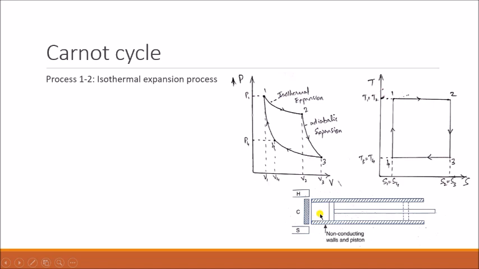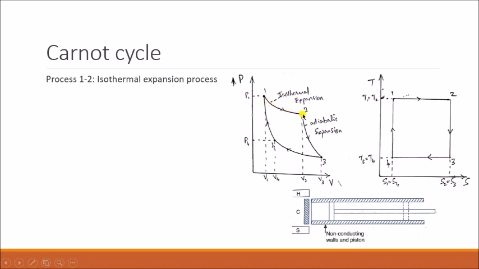The gas absorbs the heat from the hot body and starts expanding, and that energy is transmitted to the piston. When the gas expands, the piston starts moving. This is isothermal expansion: heat is added to the gas and the gas expands. During this process the pressure reduces and simultaneously the volume increases.